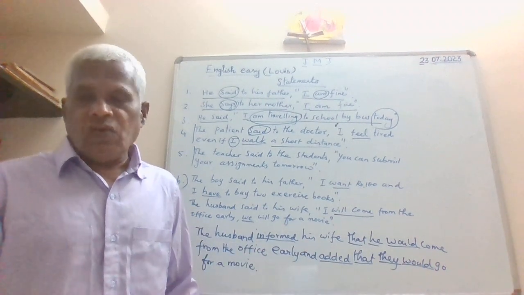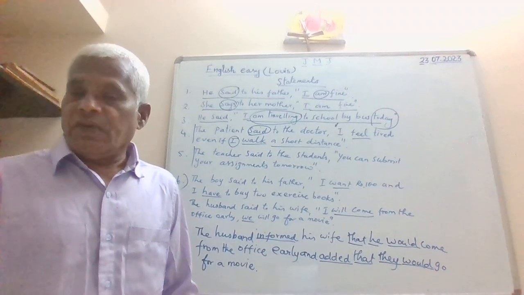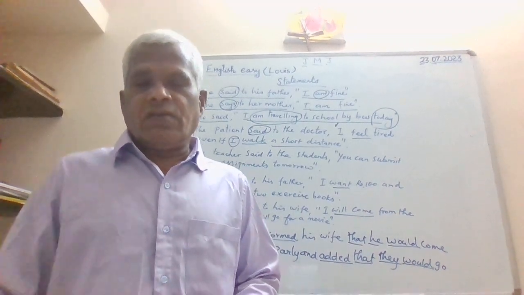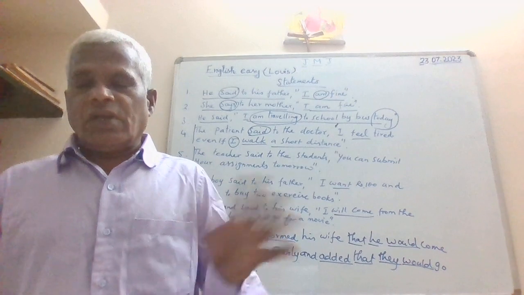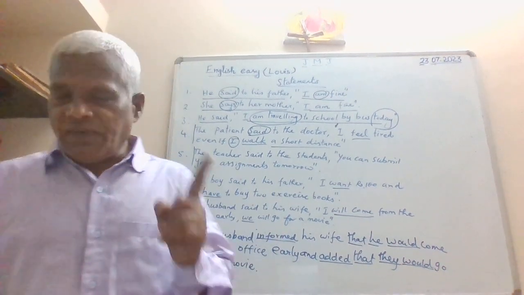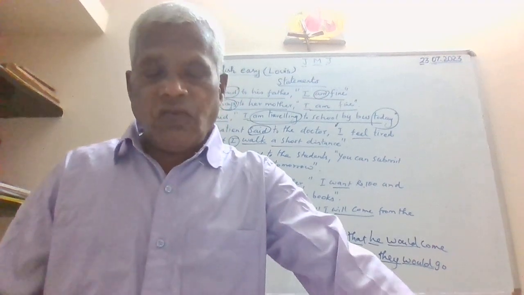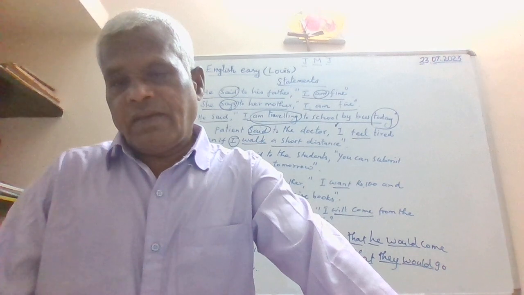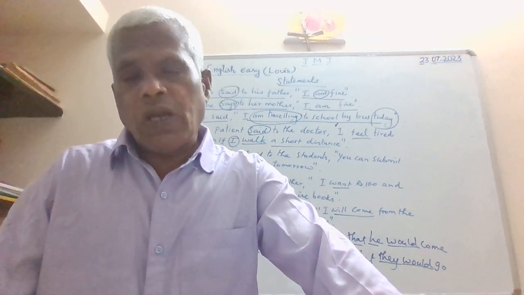Indirect to direct, that is also necessary, because we should never forget that changing direct to indirect is not all there is to learn. We need to know how to change from indirect to direct also. Now when changing from indirect to direct, you have to follow the rules, just the opposite.